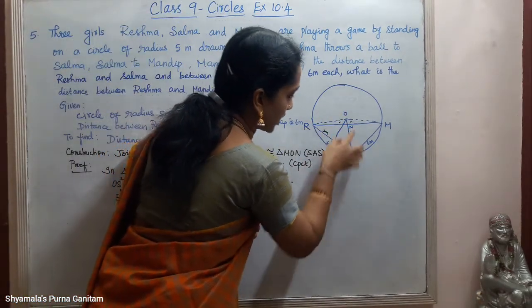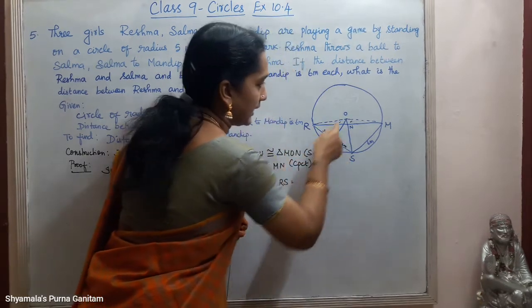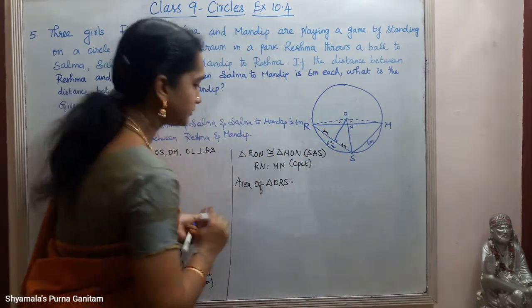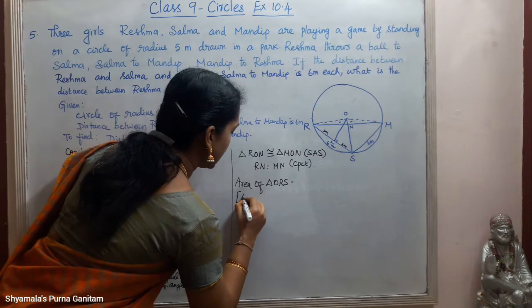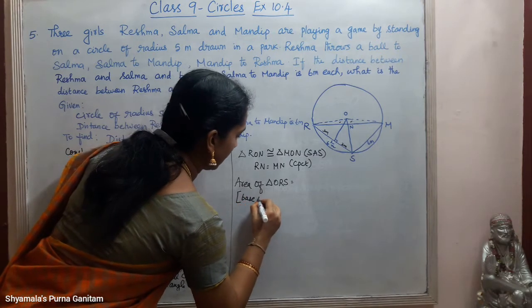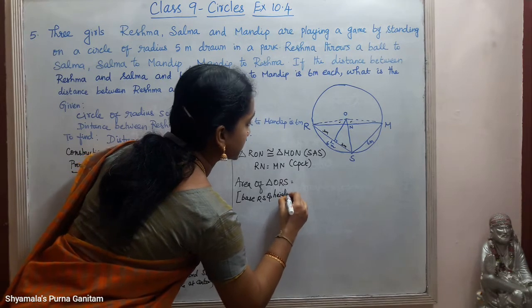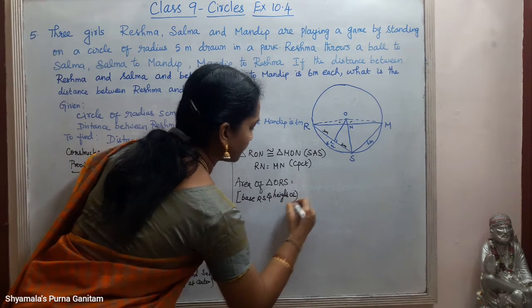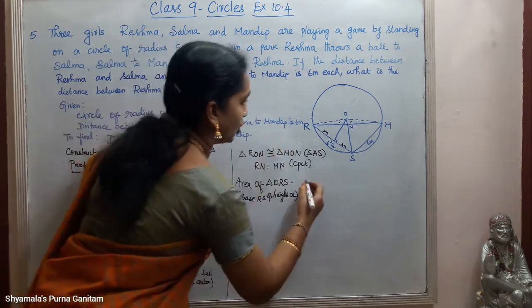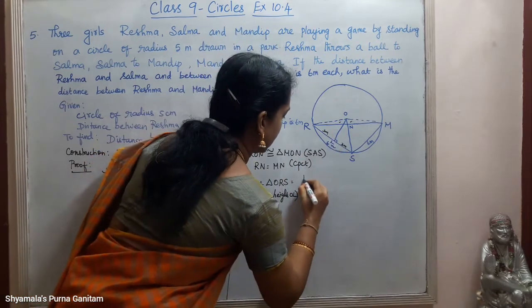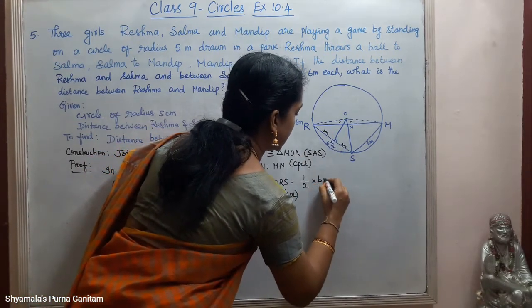If we take this triangle, base is RS and height is OL. So half into base into height.